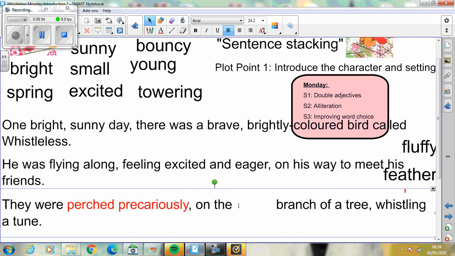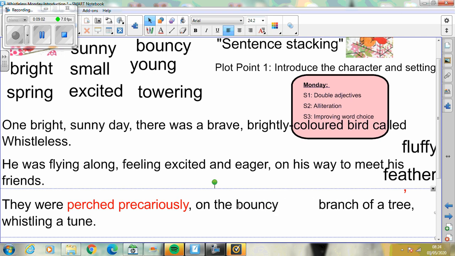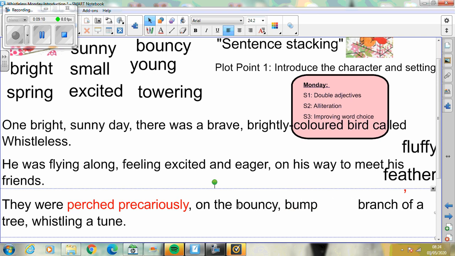They were perched precariously on the bouncy, bumpy branch of a tree.